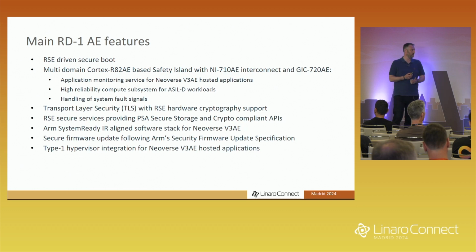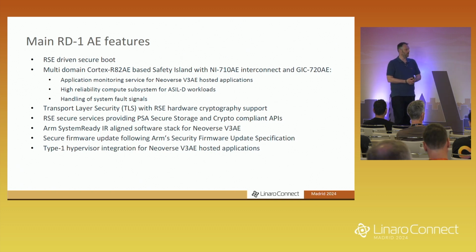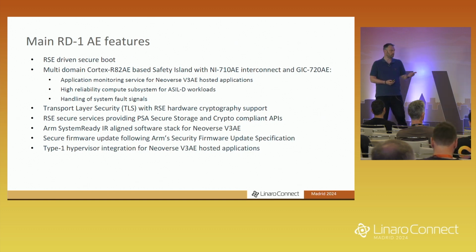So we've got a secure boot process, as was driven from the RSE element. We've got a safety island which uses different numbers of Cortex R82AE cores, and we've got the new interconnect and the new safety-enabled GIC in that subsystem too. The safety island hosts a number of different workloads, including application monitoring.